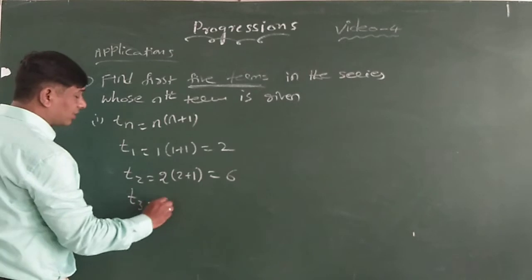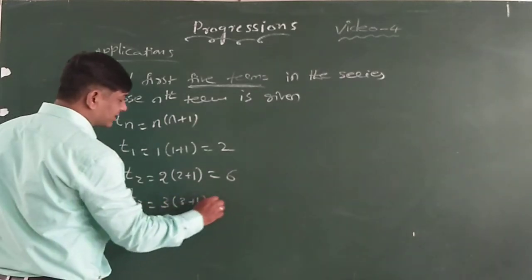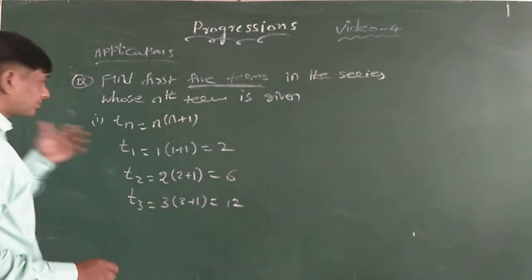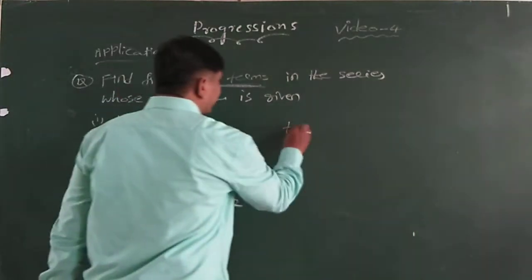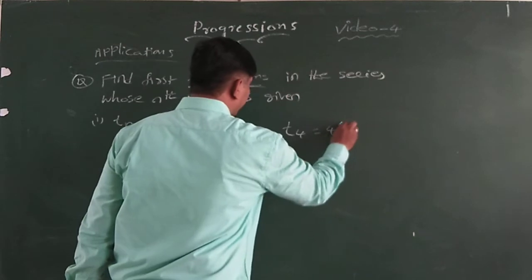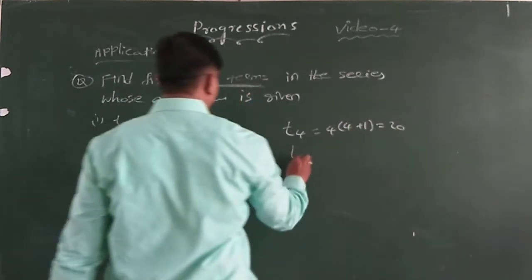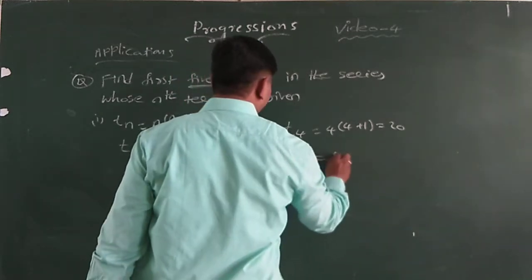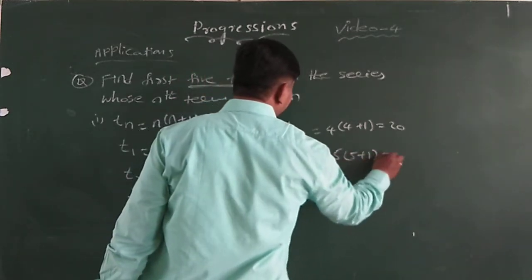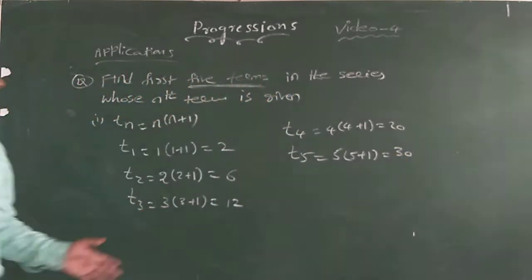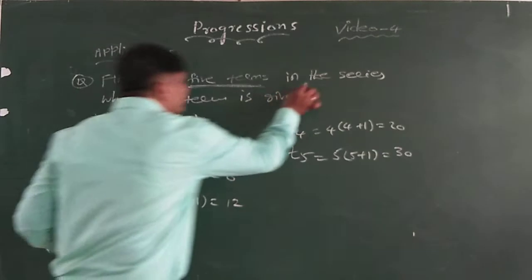T3 is equal to 3 into 3 plus 1, 3 fours are 12. T4 is equal to 4 into 4 plus 1, 5 fours are 20. T5 is equal to 5 into 5 plus 1, 6 fives are 30. This is a series.